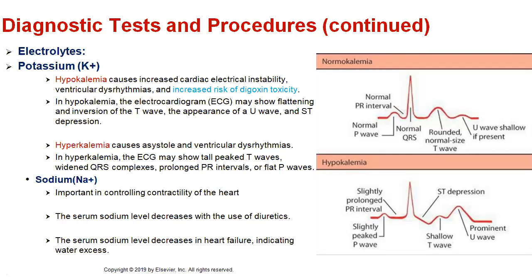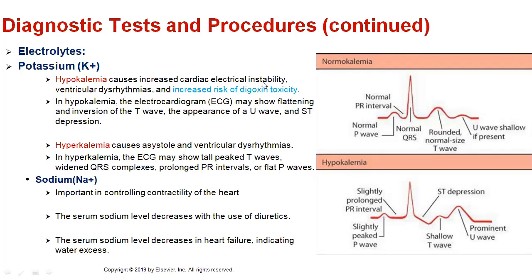So when the potassium level is imbalanced, either increased or decreased, the electrical function is unstable, ventricular dysrhythmia develops, and the risk of digoxin toxicity increases.